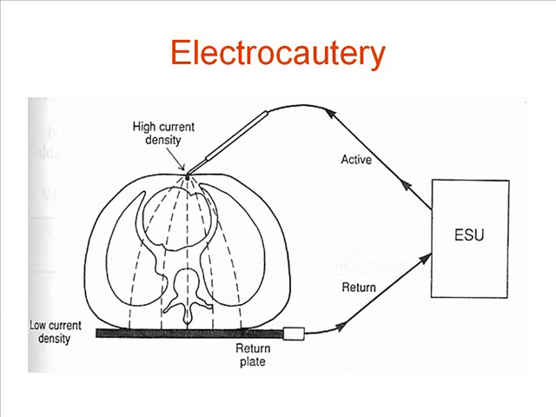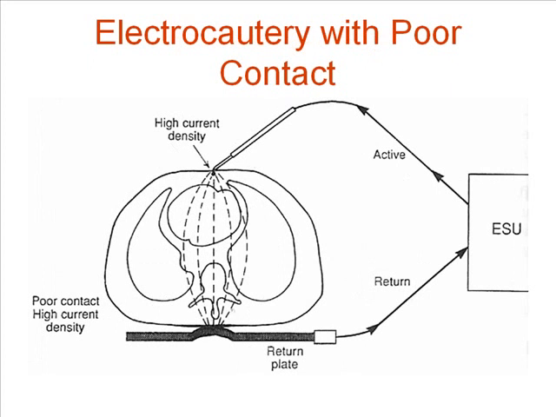The frequency that you pick and the duty cycle of the waveform that you get will determine whether you cut or cauterize, and that's beyond the scope of this discussion. But what we emphasize here is that it's very important that the electrocautery plate, the return plate, also known as the grounding plate, although it's really a return plate, be on the patient in a secure way so that we don't run into a problem of high current density because it's only returning through a portion of the plate.